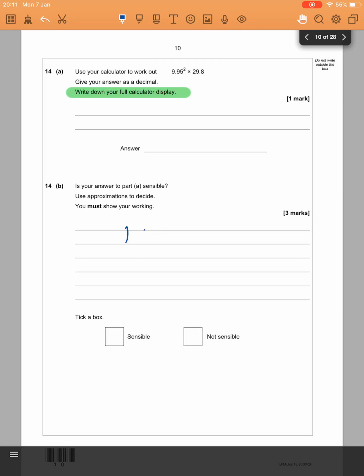So you would do 10 squared, in place of 9.95, because we're finding an estimate, and then you'd multiply it by, well, you've got to find an estimate for this number now. So what number are you going to use instead of 29.8 that will give you a rough answer? Write that number there, and then you can work out your estimate. And then you can say whether your answer to part A was sensible or not, whether your estimate shows that you were pretty accurate.